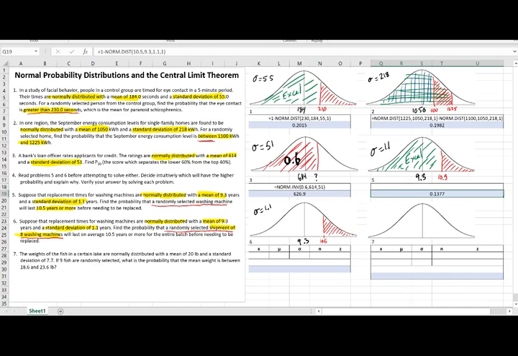What the central limit theorem says is that for any distribution, not just normally distributed populations, the distribution of sample means, now that's what we're talking about here in number 6, the mean of a sample.